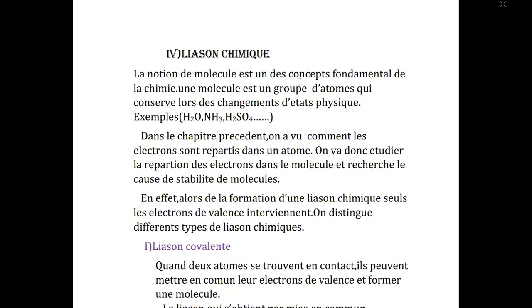La notion de molécule est un des concepts fondamentaux de la chimie. Une molécule est un groupe d'atomes qui conservent lors des changements d'état physique. So la notion also means the knowledge of molecules is a fundamental concept of chemistry. So we know that it's very important for us to study the molecules.